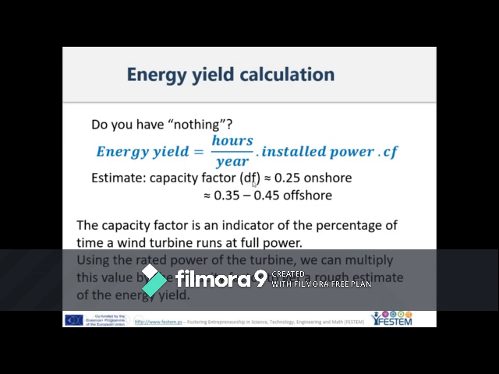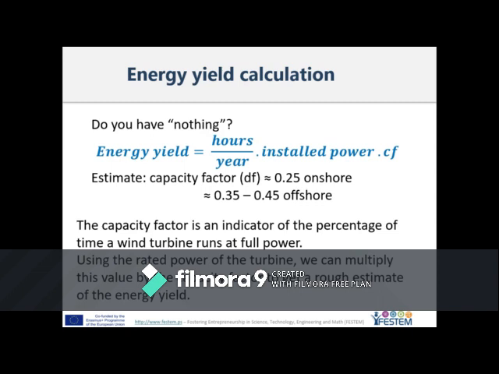Usually the capacity factor for onshore is around 25%. For offshore it's a little bit higher, between 35% and 45%, depending on the location and the depth of the offshore facility. The capacity factor is an indicator of the percentage of the time a wind turbine runs at full power.